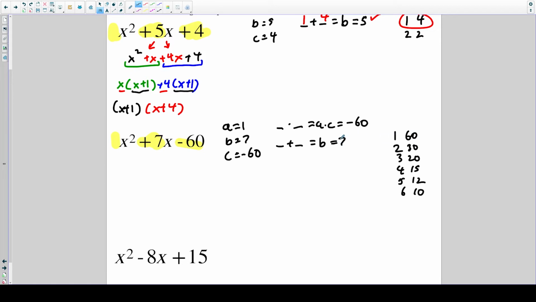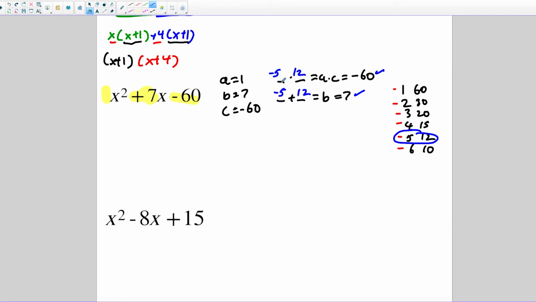If we add two numbers together, and we know that one of them has to be negative, but our result is positive, then that means that our smaller number has to be the negative one. So doing that, we now know that the only combination that works is going to be the negative 5 and positive 12. And we can see by writing them down in our blanks here that we can confirm that.